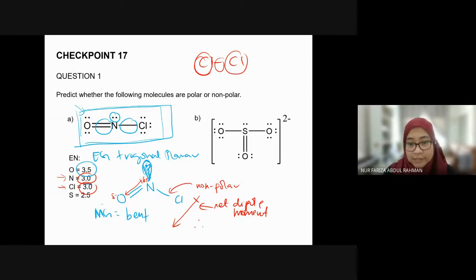Therefore, the net dipole moment, mu, is not equal to 0.